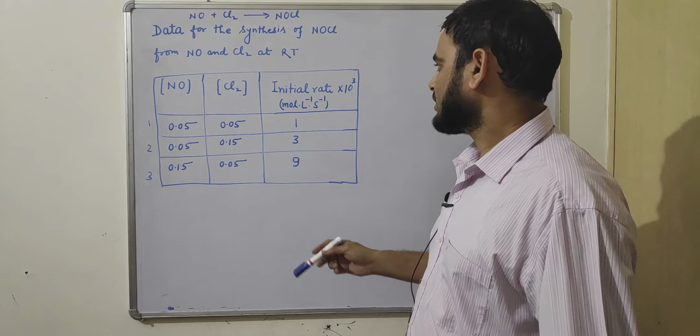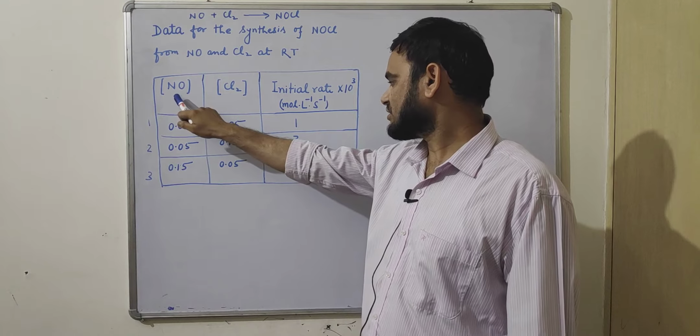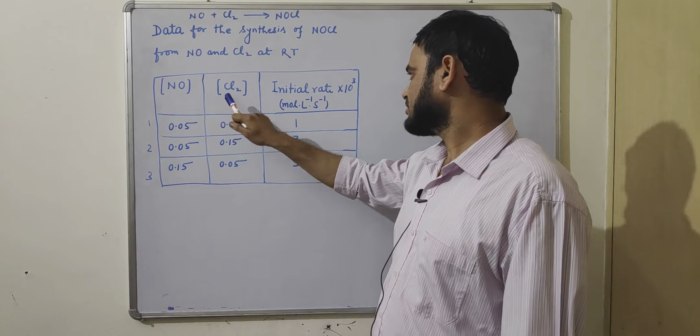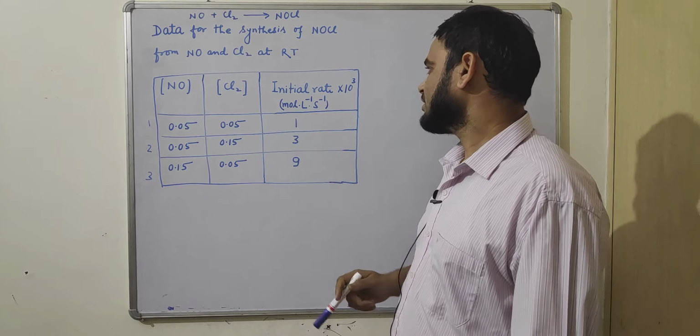The data is given in the table: concentration of nitric oxide, concentration of chlorine, and initial rate of reaction.